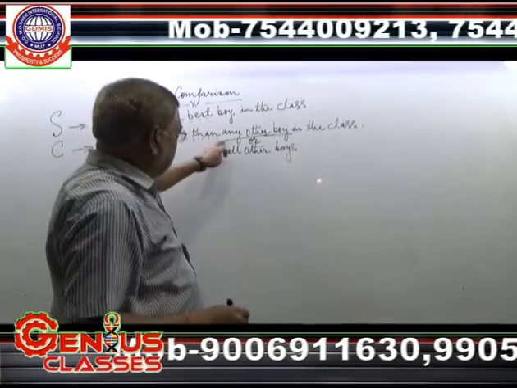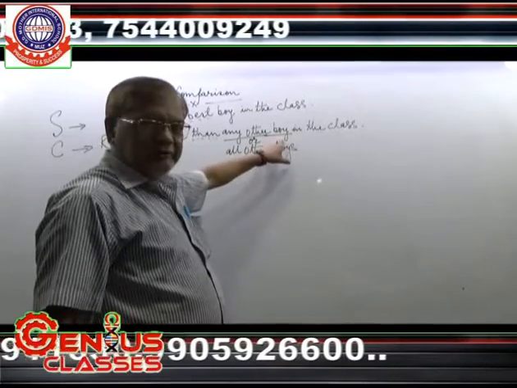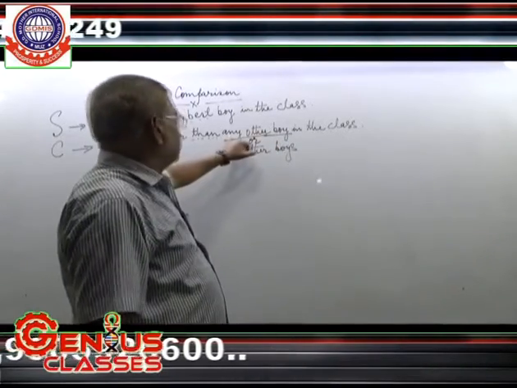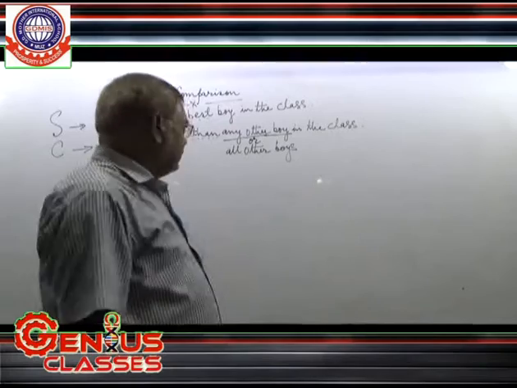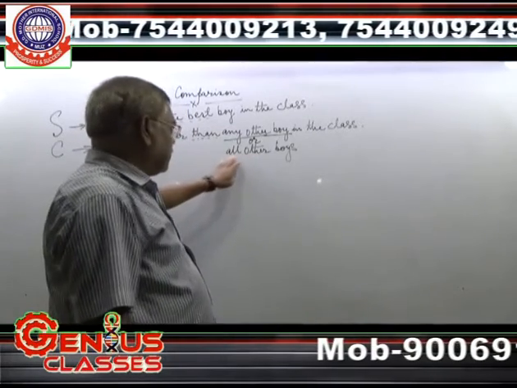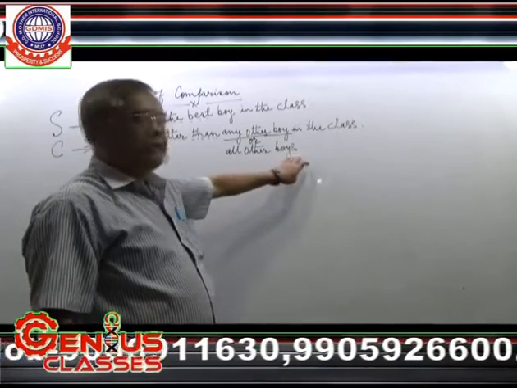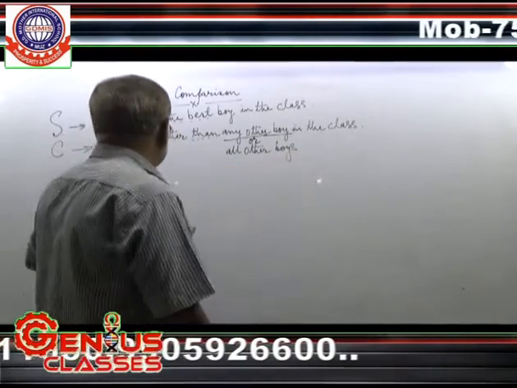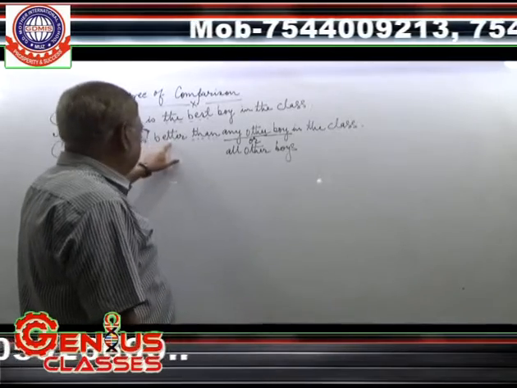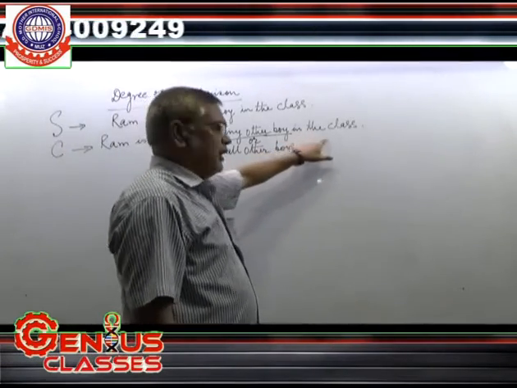If you write any other, it is singular, so boy should be written. Instead of any other boy, you can write all other also, but because all other is plural, the plural noun should follow. So, Ram is better than all other boys in the class.